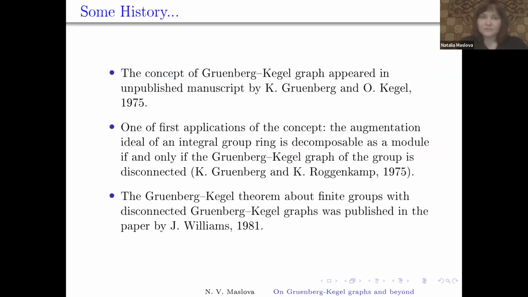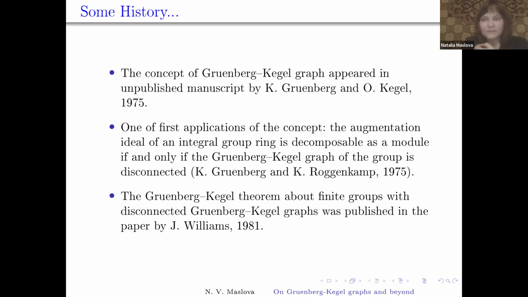Okay, what about history? The concept of the Gruenberg-Kegel graph appeared in an unpublished manuscript by Karl Gruenberg and Otto Kegel, and this concept almost immediately received an application. The augmentation ideal of an integral group ring is decomposable as a module if and only if the Gruenberg-Kegel graph of this group is disconnected.